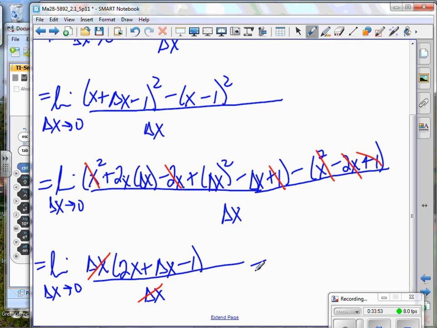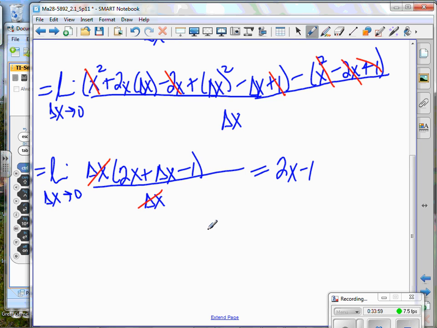Okay, so now we end up with 2x minus 1. That doesn't look right. Did I drop a 2 someplace? That doesn't look anything like the first one we did, but this is the derivative for x greater than 1.